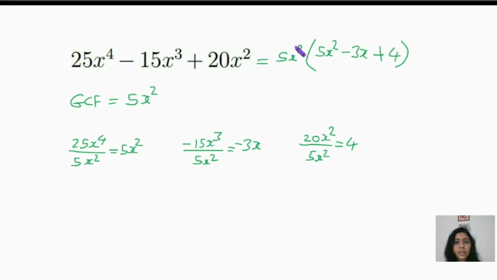You can simply open the parenthesis and use the distributive property. So this is 25x to the power 4, yes. 5 times minus 3 is minus 15x to the power 3, yes. 5 times 4 is 20, 20x squared, yes. It means our answer is correct.